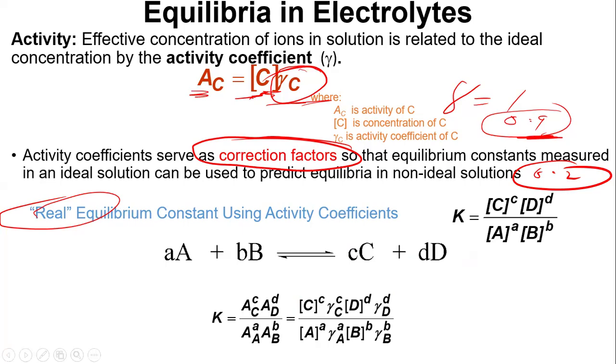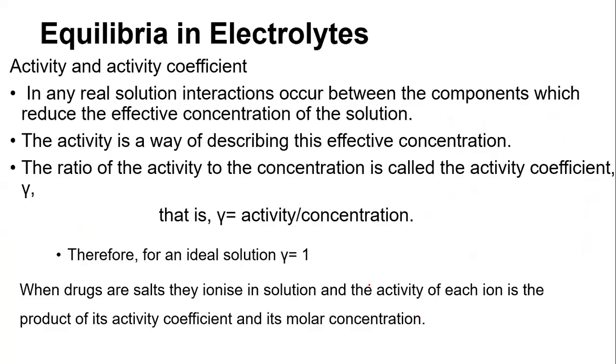But the concentrations that we use under these conditions are ideal concentrations. In a real solution, we have to multiply all of the concentrations by the activity coefficient so that we can get a real equilibrium constant.